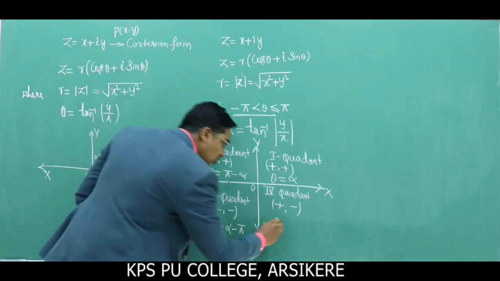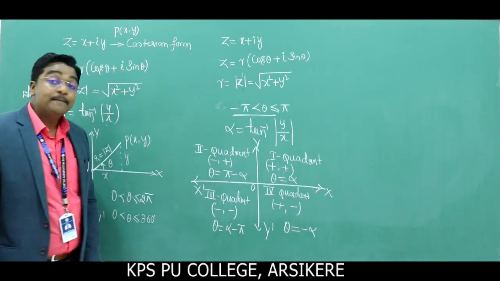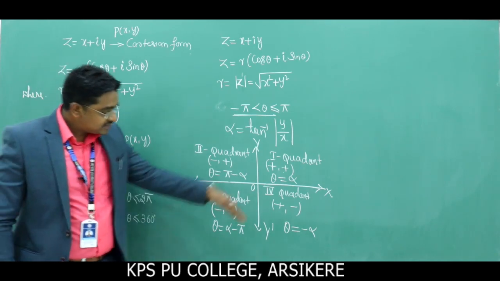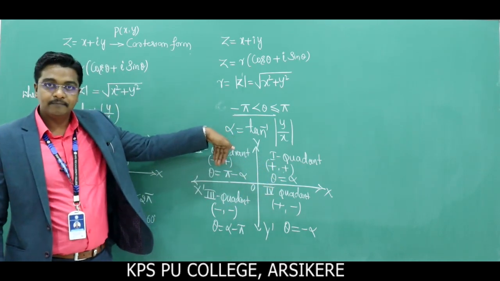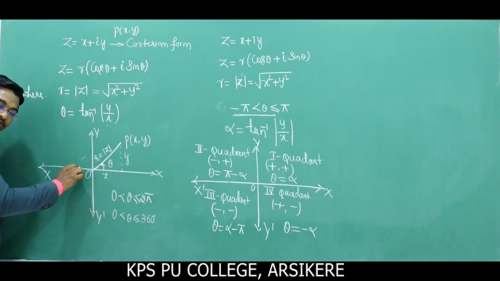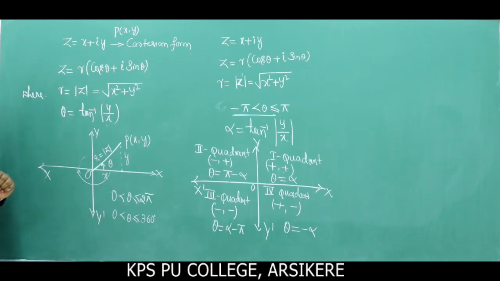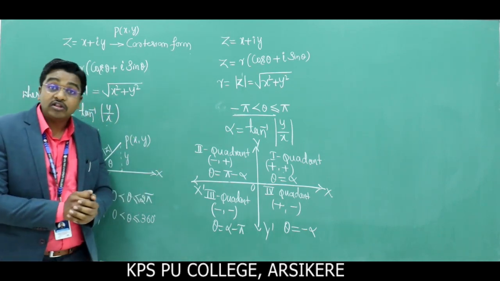Theta is equal to minus alpha, that is a negative angle. Here we measure positive angles in the anti-clockwise direction. In the clockwise direction we measure negative angles, that is to represent the principal argument, theta. Did you understand, children? Take a pause and note down all the things I have written here.